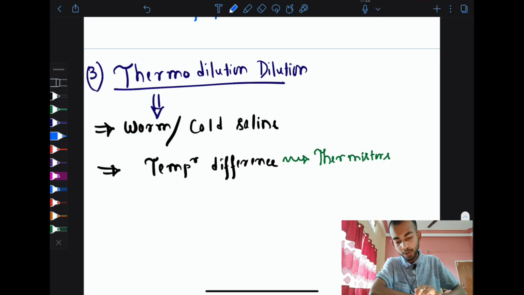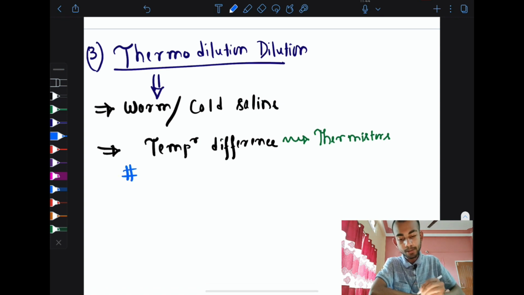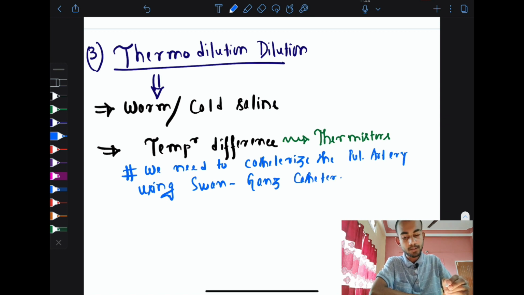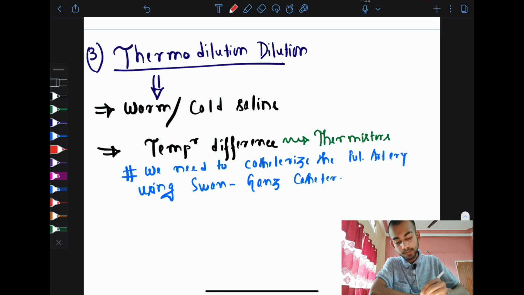Another important point to remember in the Stewart-Hamilton or thermodilution technique is that we need to catheterize the pulmonary artery using a catheter known as the Swan-Ganz catheter for measuring cardiac output using the thermodilution technique.